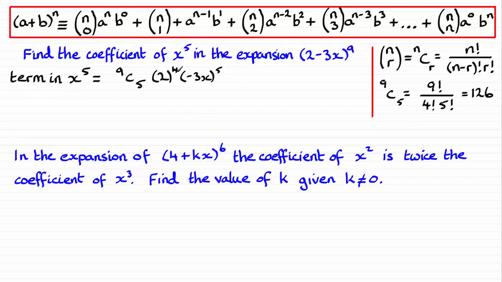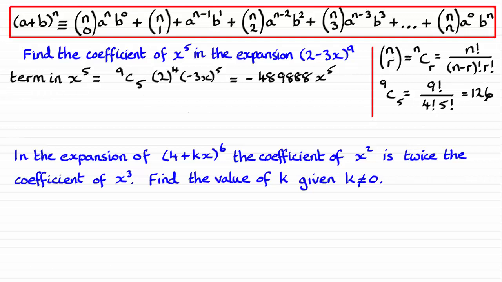And 2 to the power 4 is 16, and 3 to the power 5 is 243, only it's going to be a negative value because we've got an odd power here. So 126 multiplied by 16 multiplied by negative 243 gives us that x term, and it turns out to be minus 489,888 x to the power 5.